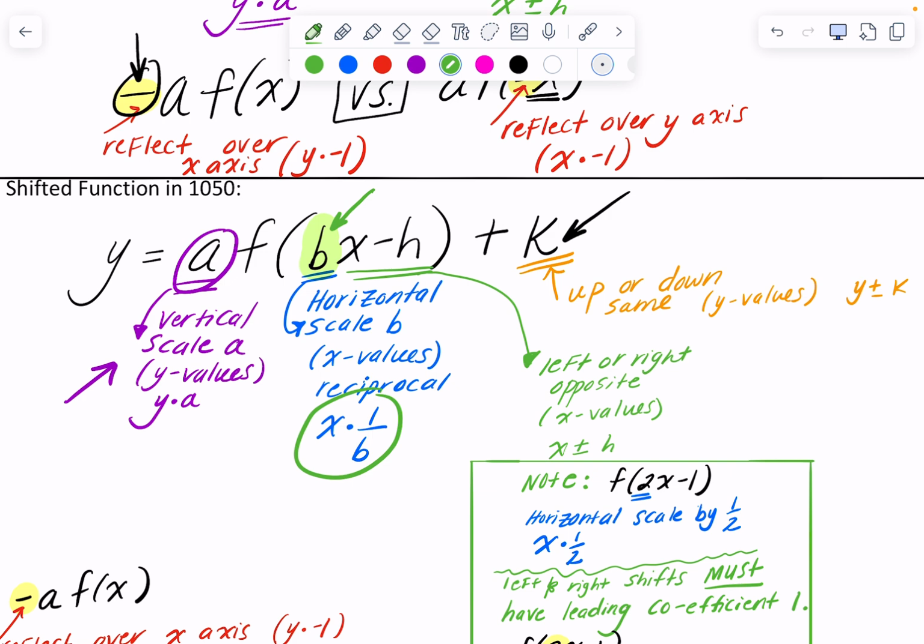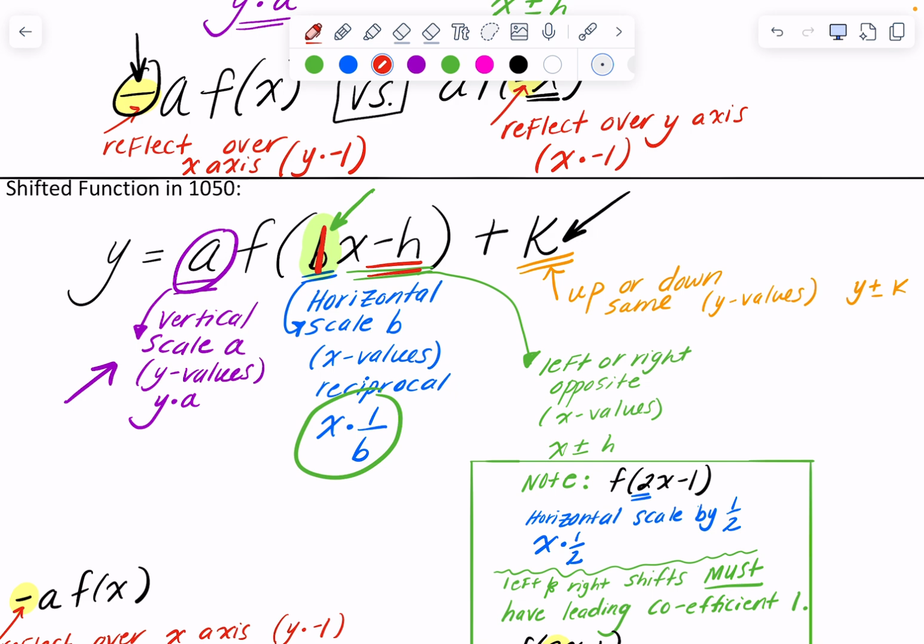Now here's the next thing you have to be careful of. We know shifts left and right are grouped in with x. So everybody look right here. If there's a b value in front, you can't just look at h. Here's the rule: to do a shift left and right, you have to have a leading coefficient of 1 right here. Do you guys see what I'm saying? So before you do shifts left and right, if there's a number in front, you have to say, okay, I can't do the shift left and right now.